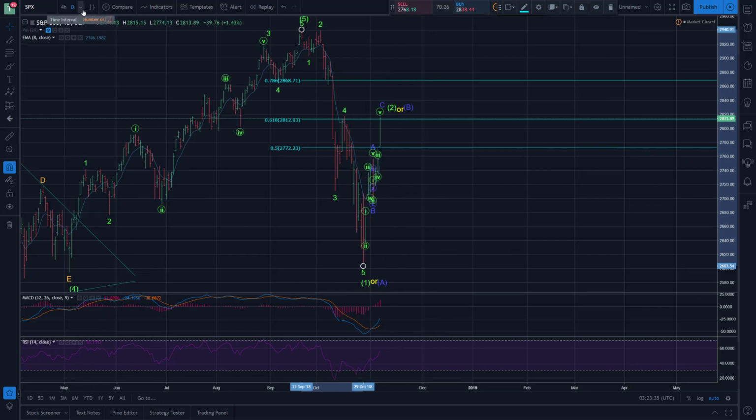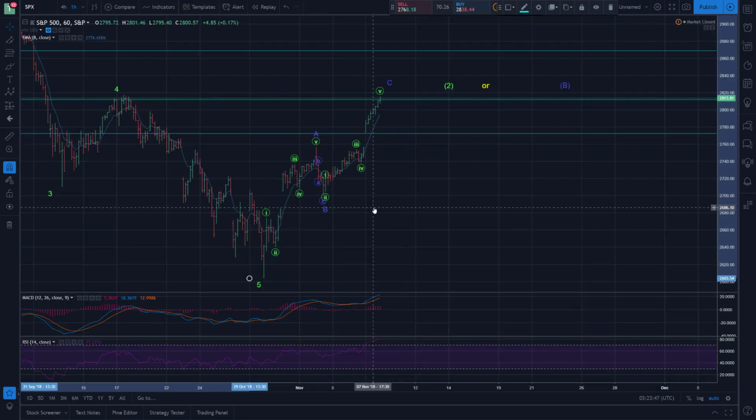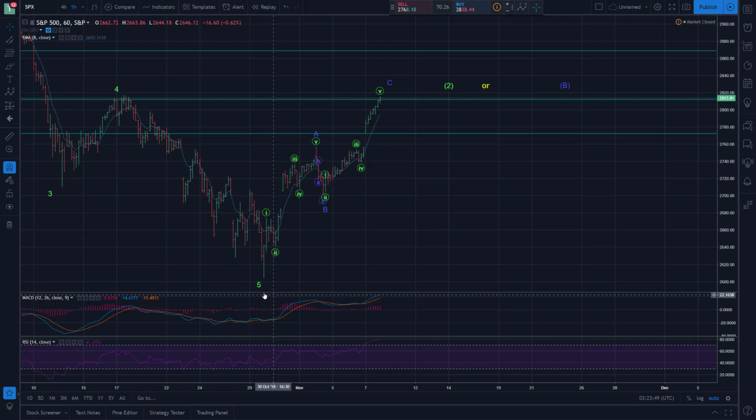So now that I've done all that, let's dig into a shorter term time frame, look at the actual subdivisions and the development of possibly this wave 2 corrective rally. Okay, so from the bottom, you can definitely get a 1, 2, 3, 4, 5 for A. And I believe I had this labeled in the last video before we started this week.